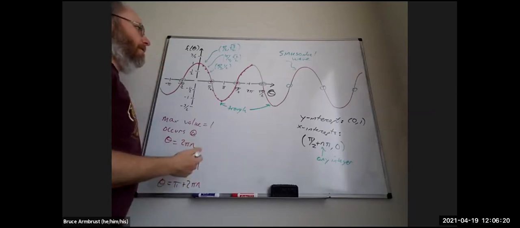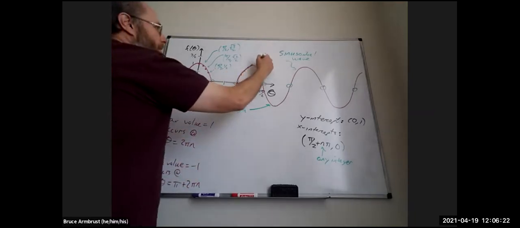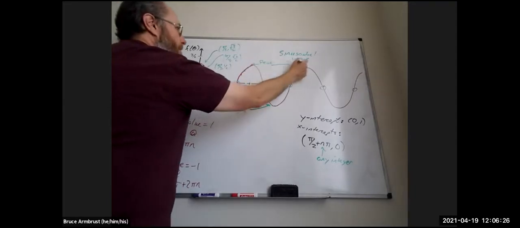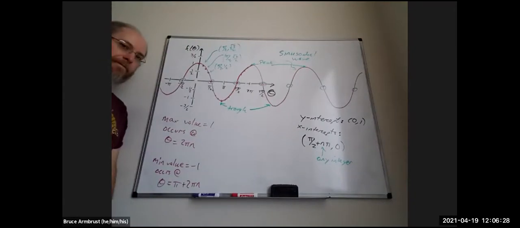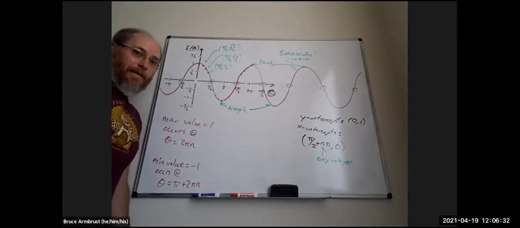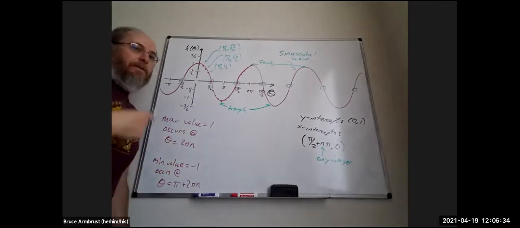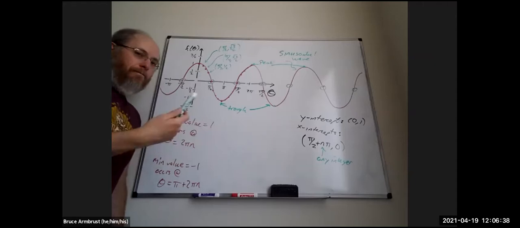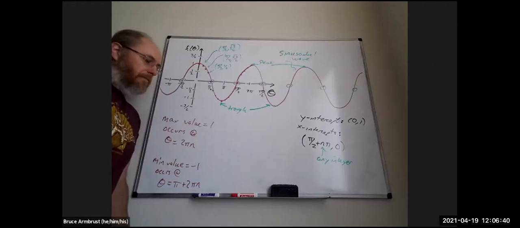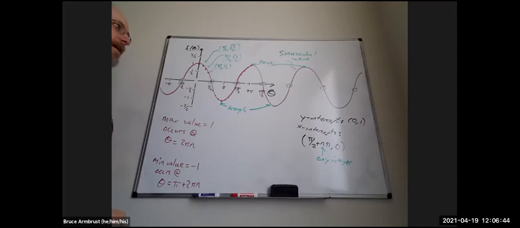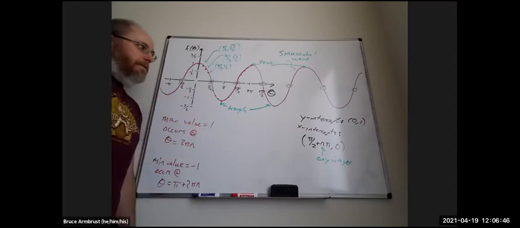So it's a trough. And then the tops, I call these peaks for obvious reasons. So you'll hear me talk about peaks and troughs, and that's what I mean. I'll also sometimes say maxes and mins. I mean the same thing, max and min, peak and trough. All right, so every cosine's got repeating peaks and repeating troughs.